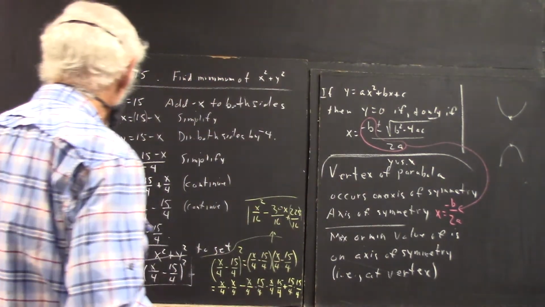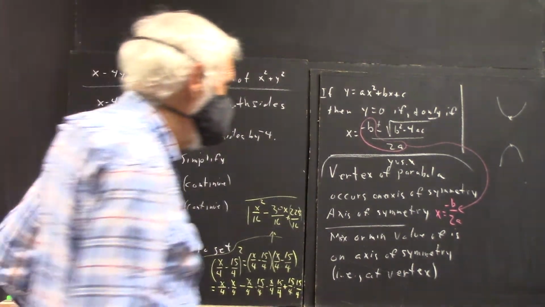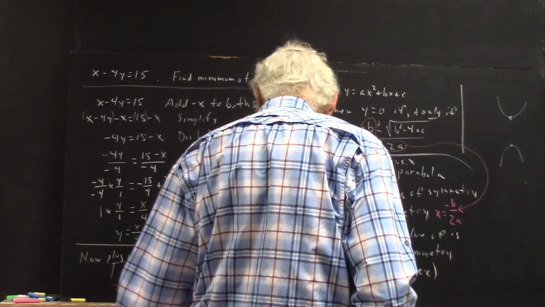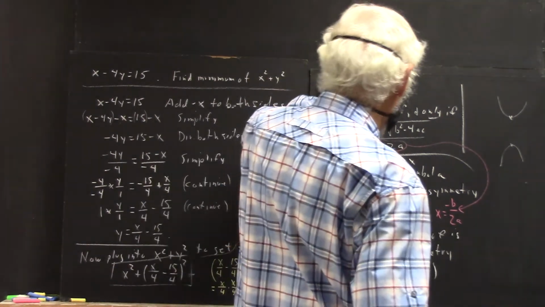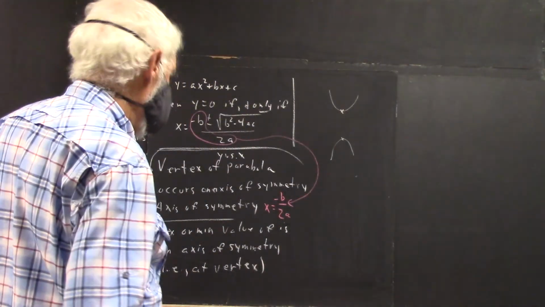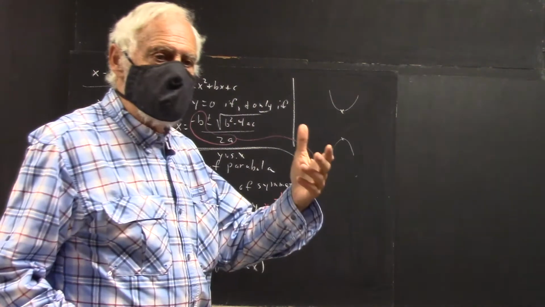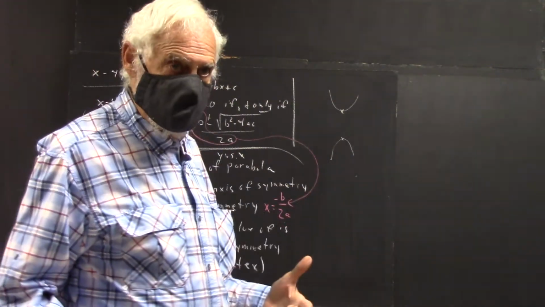Now, we want to minimize, and we're going to use this part of the board over here. Okay. Again, our expression is going to be quadratic in x.